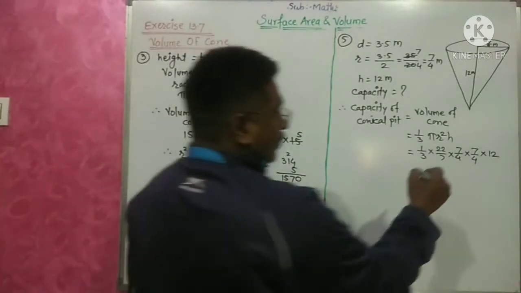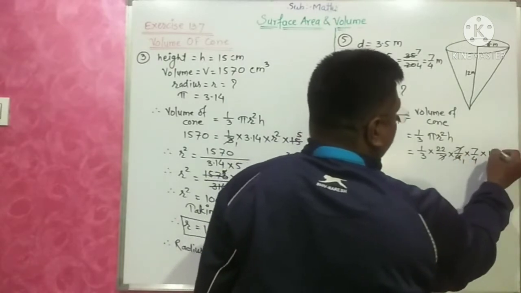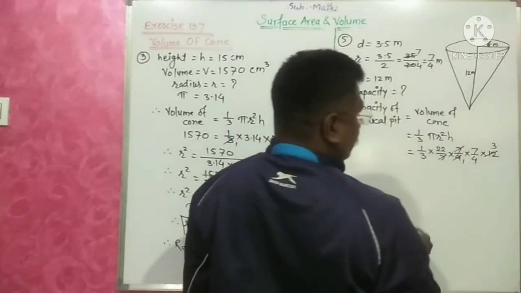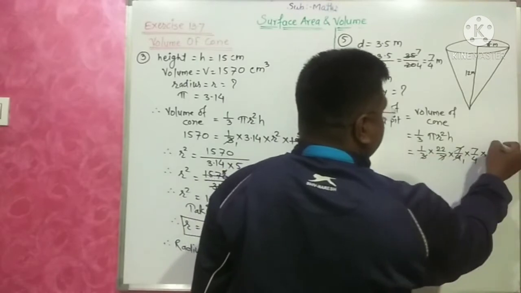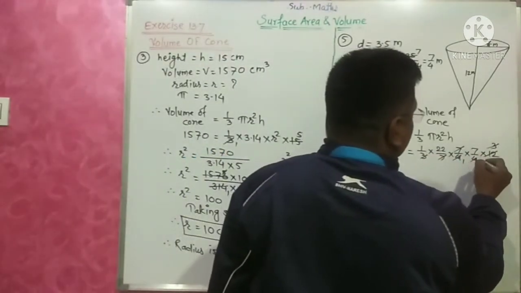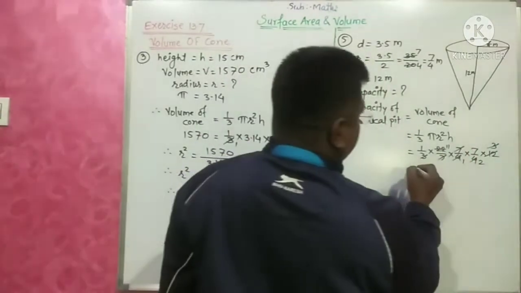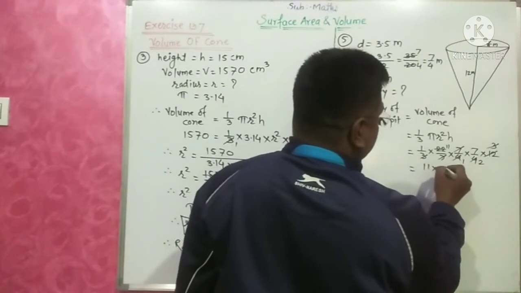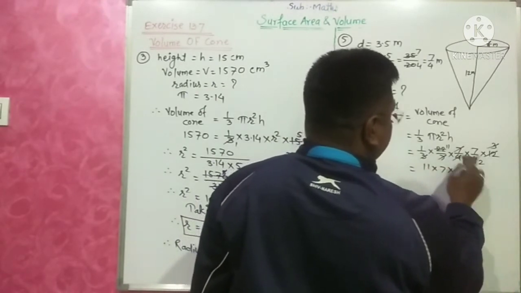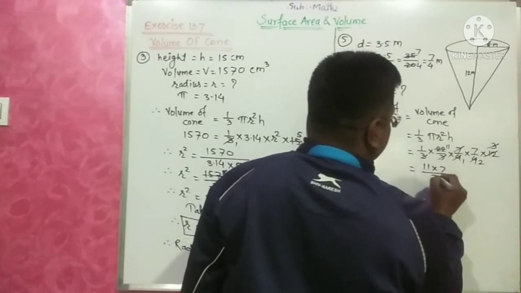Understood? Now here 1 7 cancel. 4 1s are 4. 4 3s are 12. 3 1s are 3. 3 1s are 3. Then 2 2s are 4. 2 11s are 22. So what will we get? 11 into 7. 2 only are there in the denominator.